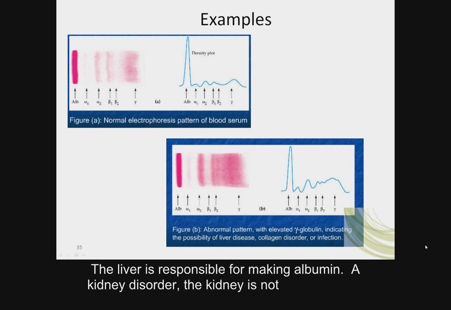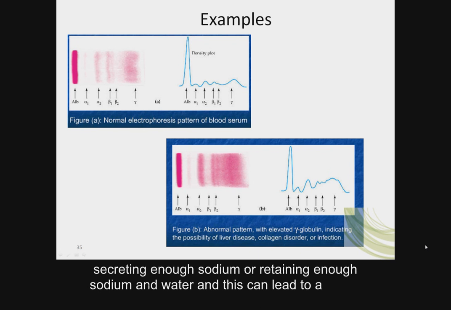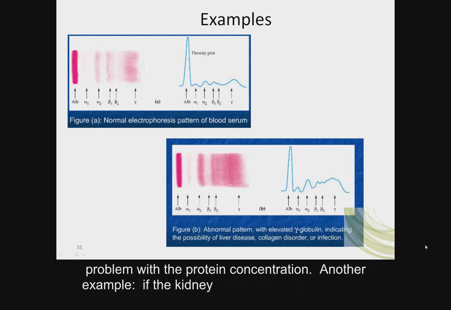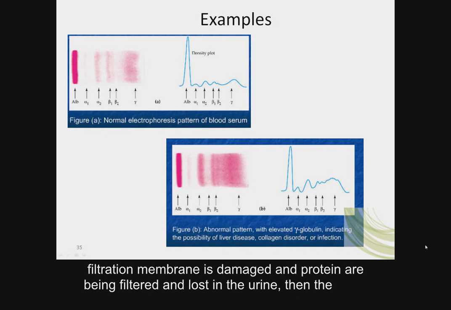A kidney disorder, if the kidney is not secreting enough sodium or retaining enough water, can lead to a problem with the protein concentration. Another example, if the kidney filtration membrane is damaged and protein is being filtered and lost in the urine, then the amount of protein in the blood would decrease.